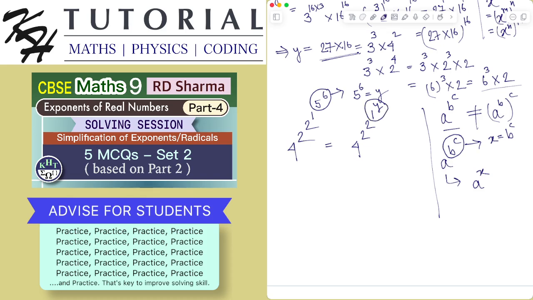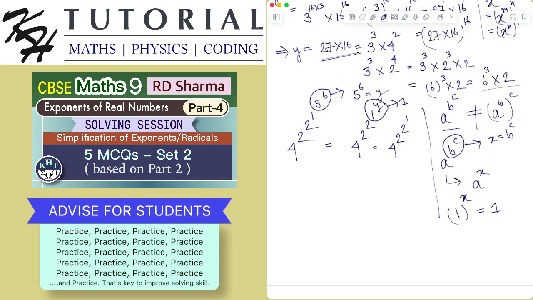You know that 1 to the power anything, this x could be any number, is always equal to 1. So this now becomes 4 to the power 2 to the power 1.